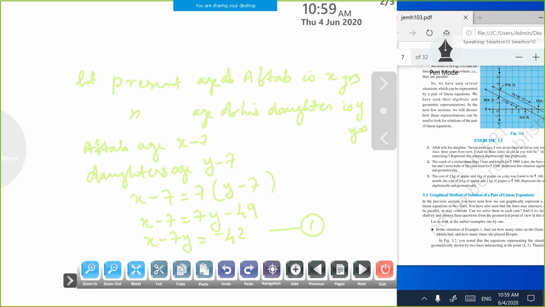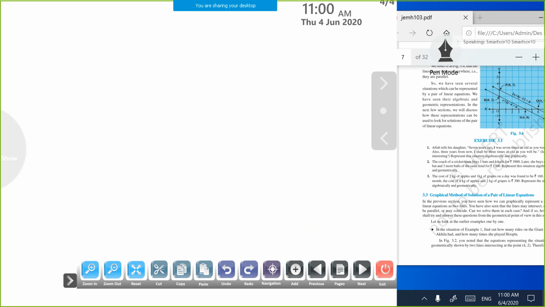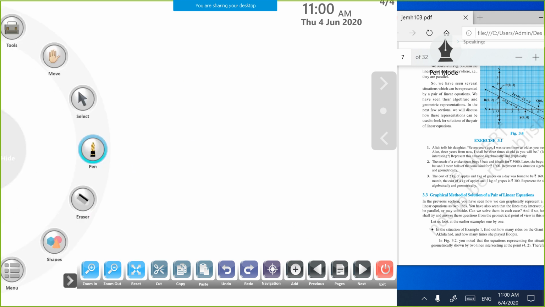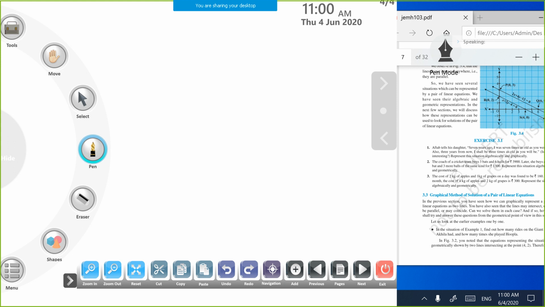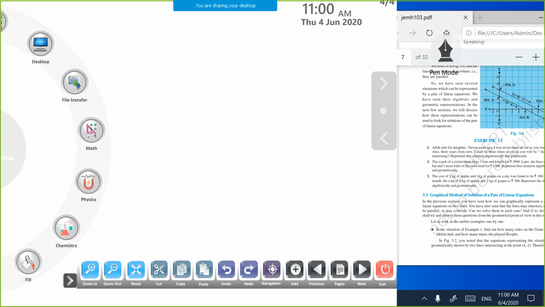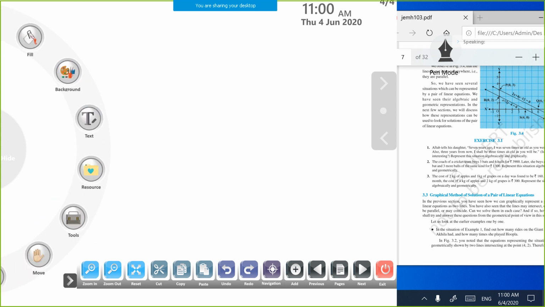Take a graph book. Write the first equation. All of you take a graph book.